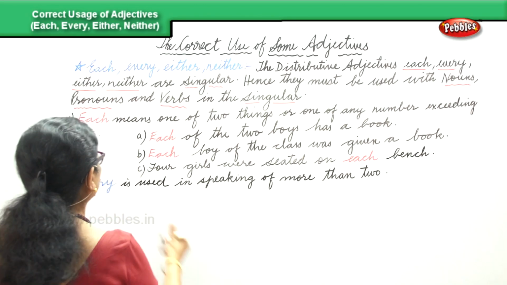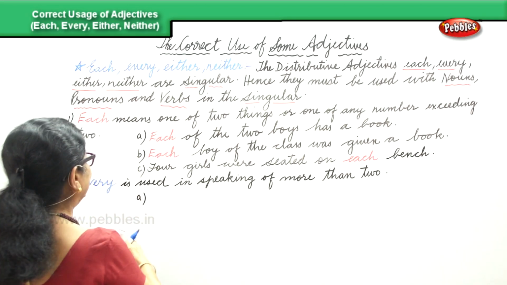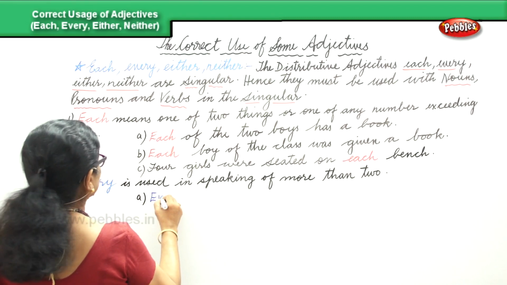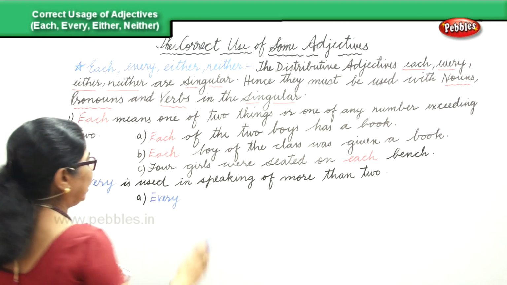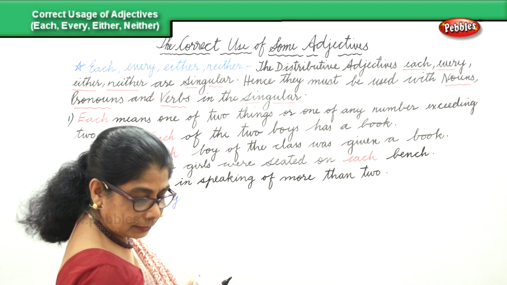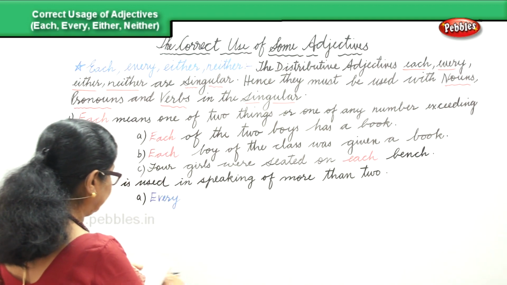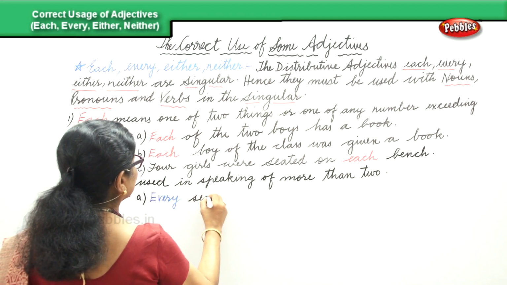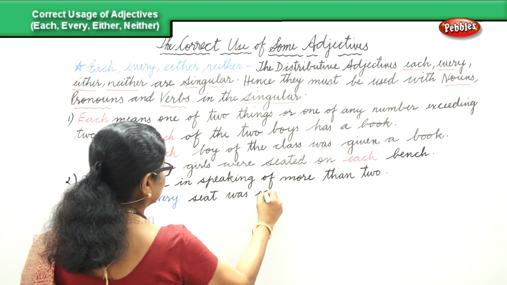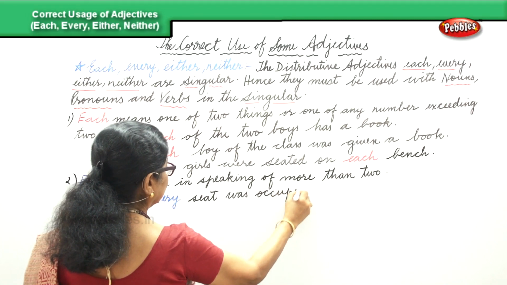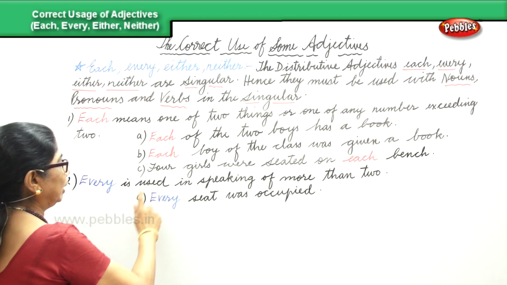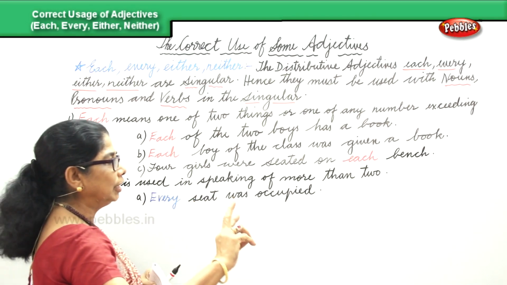That's the first sentence. Every seat was occupied. Every is used in speaking of more than two.